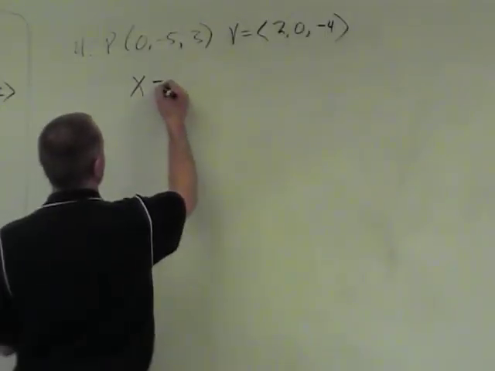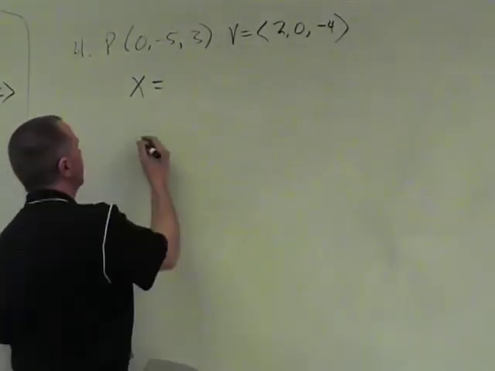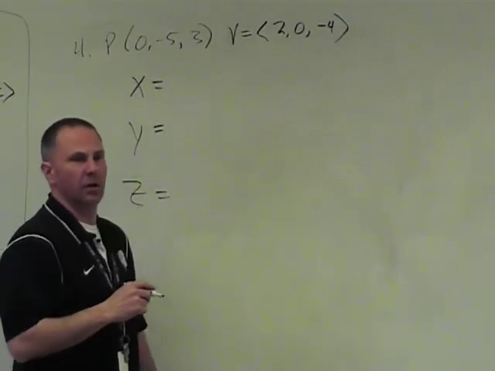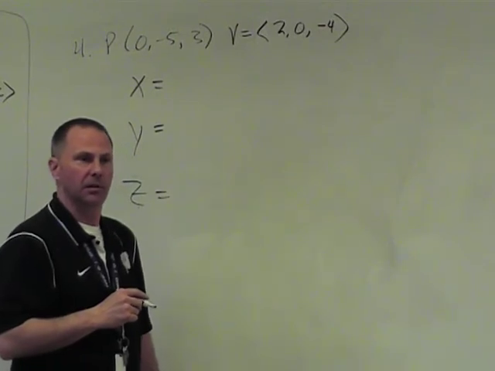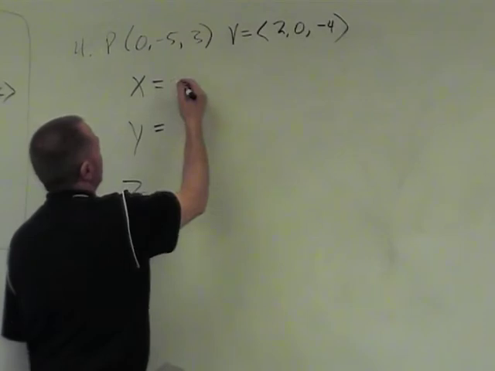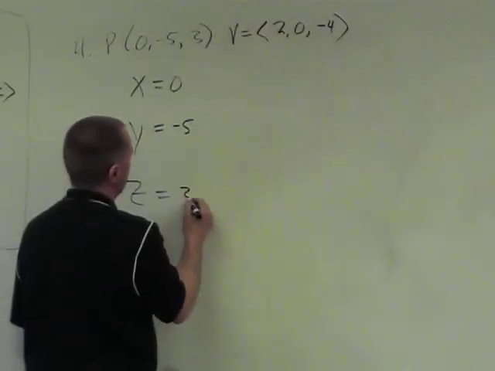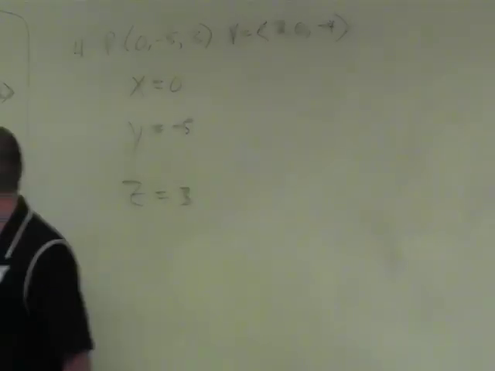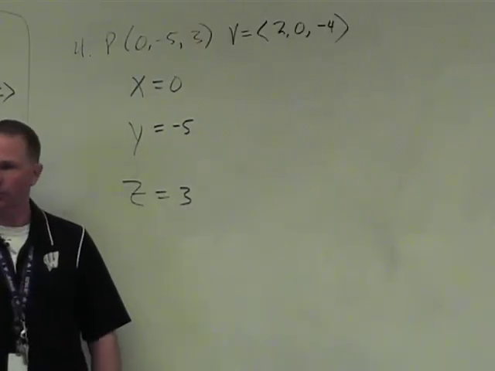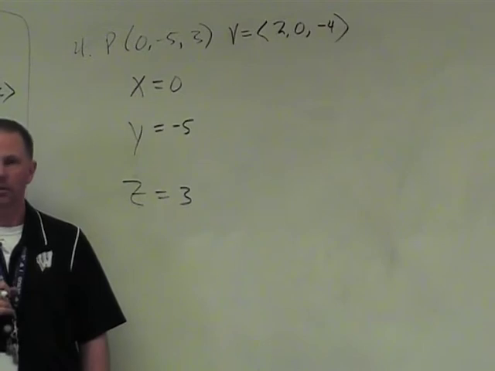So x, the first part of my parametric equation, I'm going to do x, y, and z. What do you think x is going to start with? 0. So all of these go right here. This is the first part, right? x sub 0, y sub 0, z sub 0. It's your coordinate, your initial point that you're starting with on all of them.